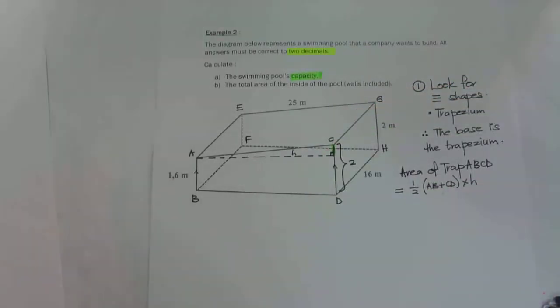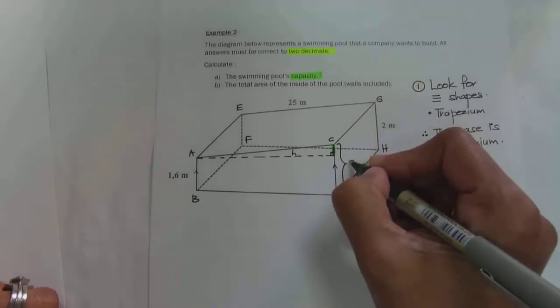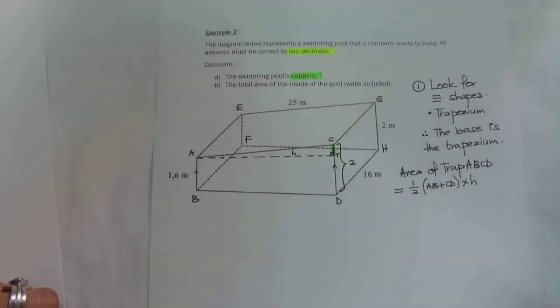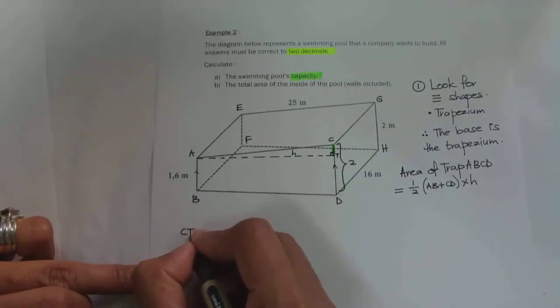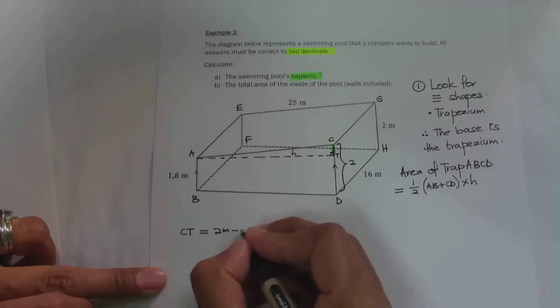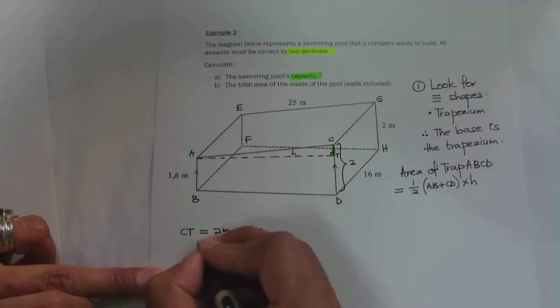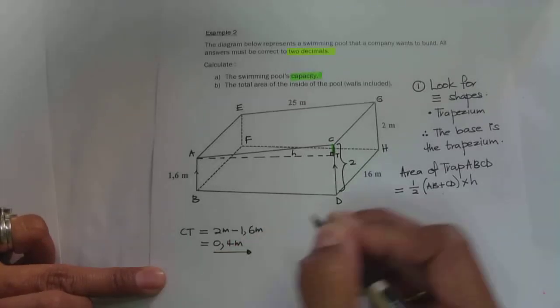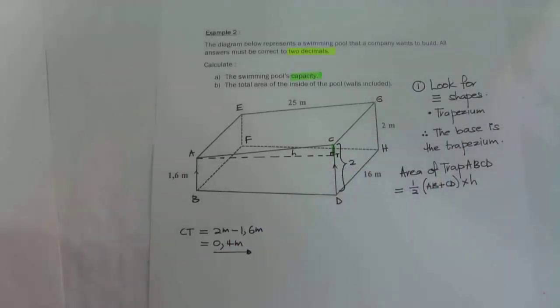That little section there would be 0,4. It will be 2 minus, so let's call this T. Okay, so CT is equal to 2 meters minus 1,6 meters, and that is equal to 0,4 meters. So that little section is 0,4 meters.